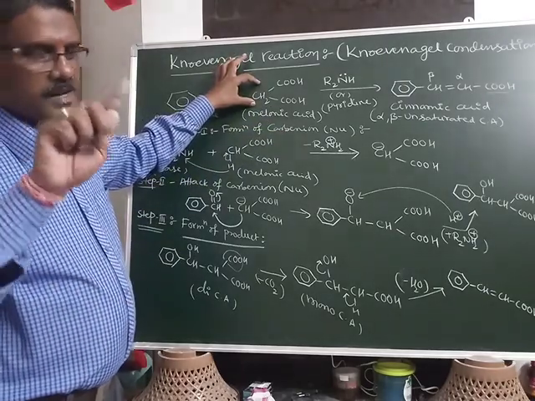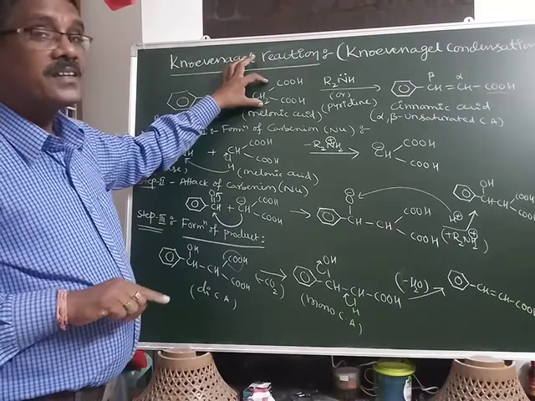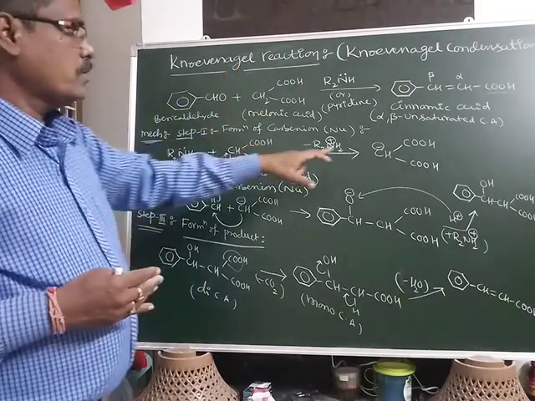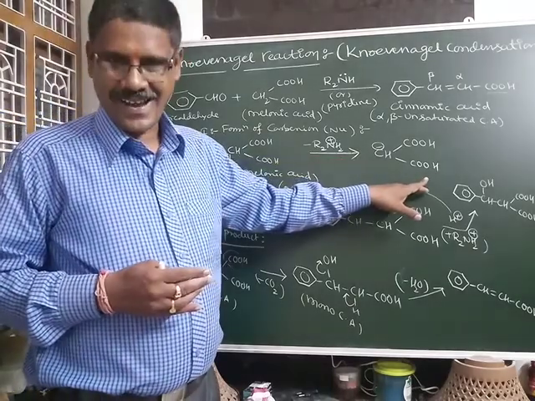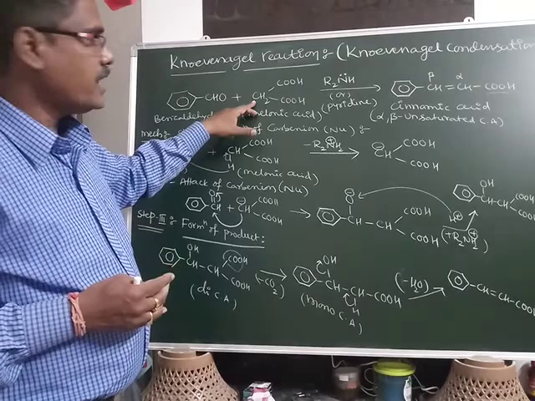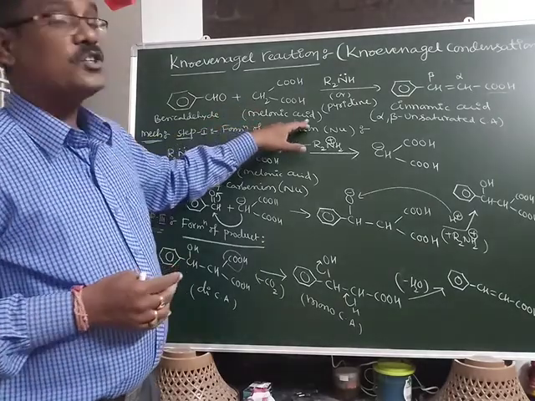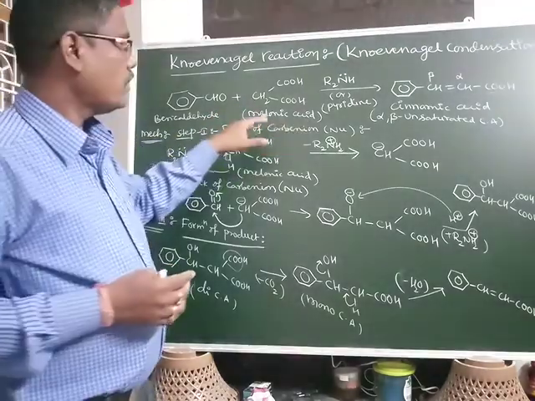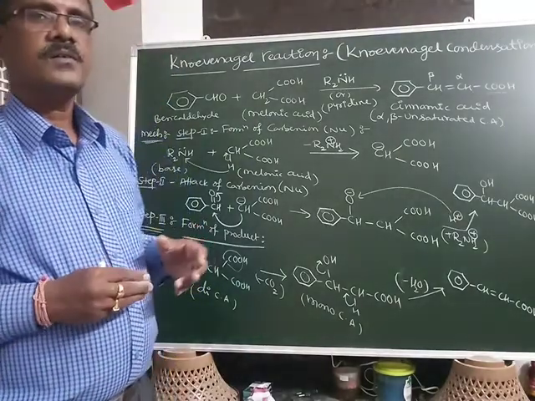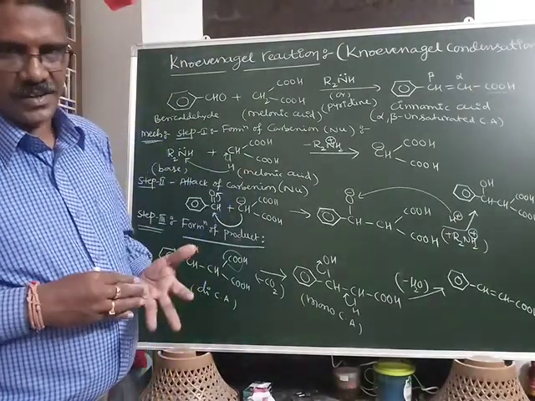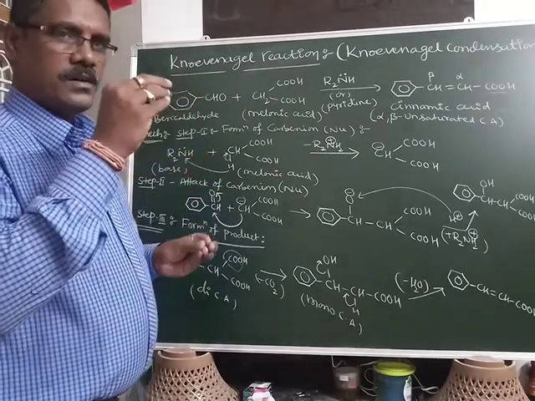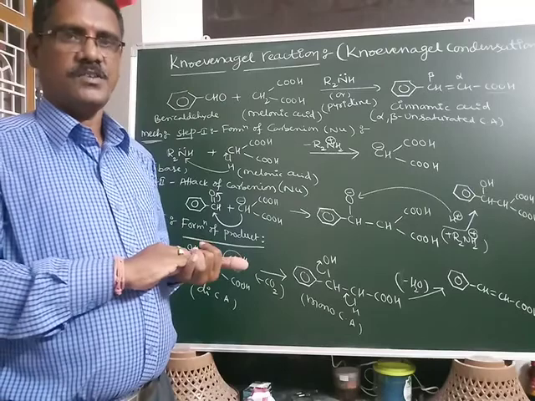In the Perkin condensation, we take the anhydride to produce the carbanion. But in the Knoevenagel condensation, we take an active methylene group compound like malonic acid, malonic ester or ethyl acetoacetate. If any active methylene group compound is involved, that is called Knoevenagel condensation.